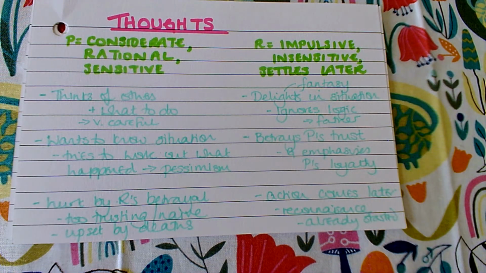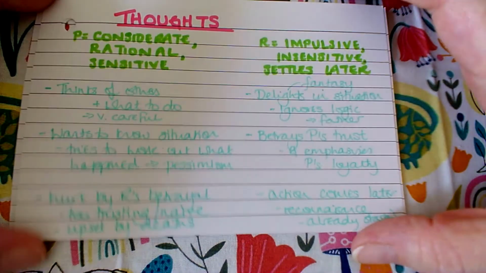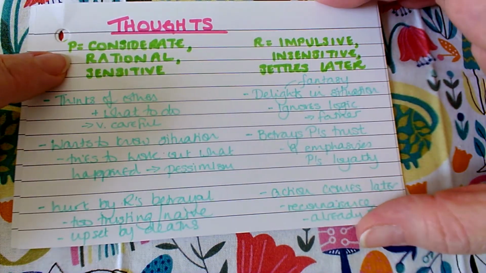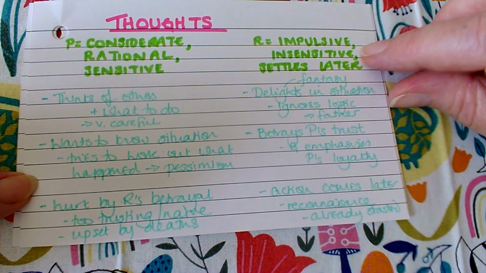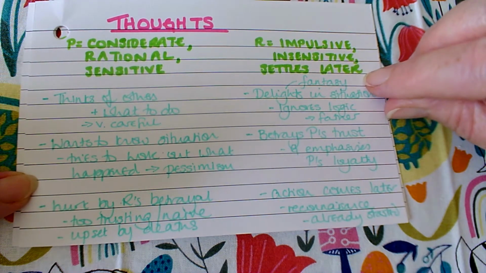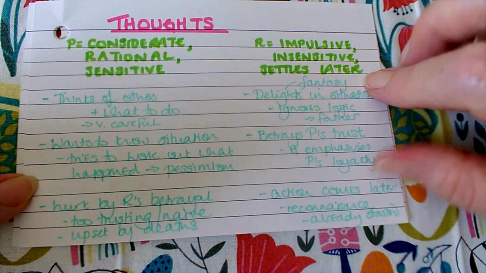And then if we move on to the thoughts that Piggy and Ralph have, the route I've chosen to go down is that Piggy is considerate and rational and sensitive, whereas Ralph is impulsive and insensitive, but that later his thoughts seem to settle a bit.